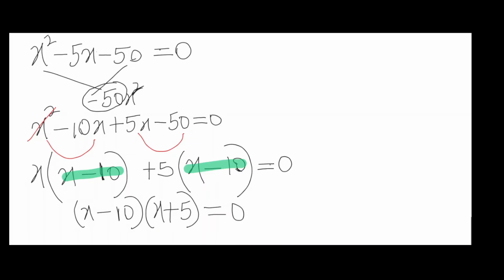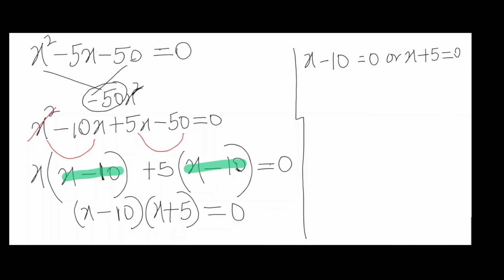So from here, I'll be having either x minus 10 equals 0, or then I'm picking the other one in the parentheses, that's x plus 5 equals 0.